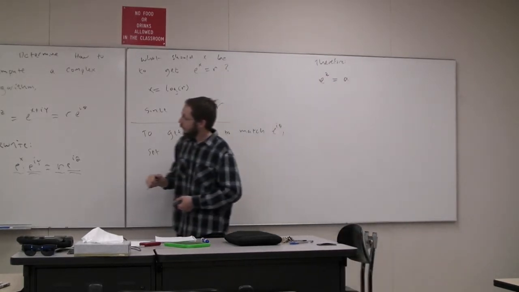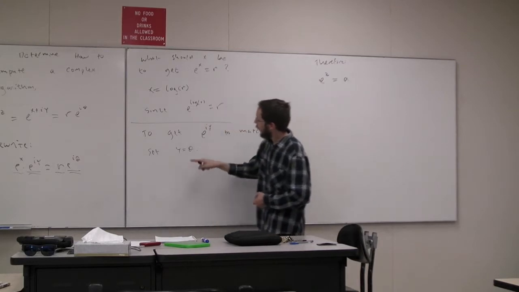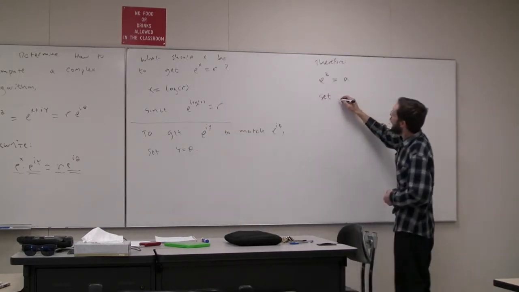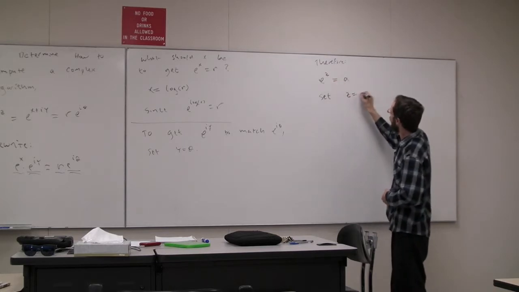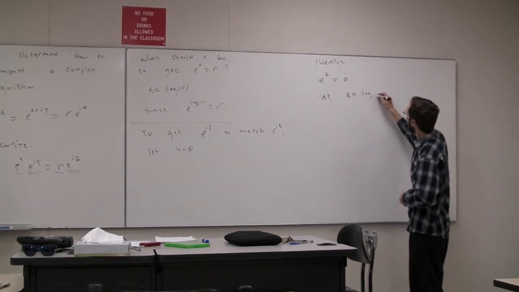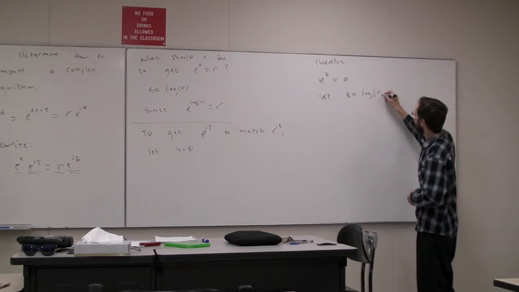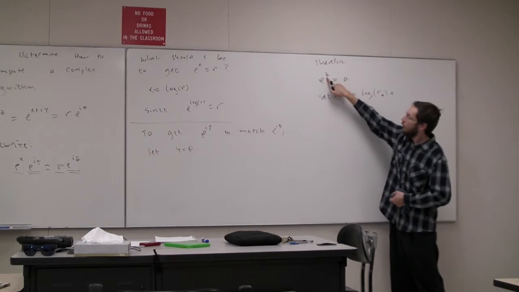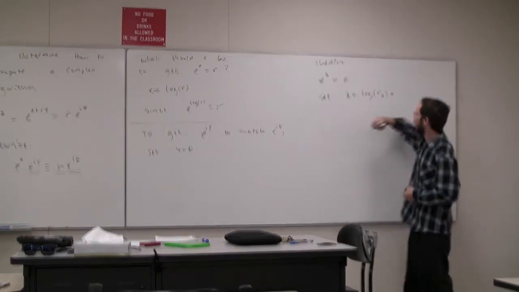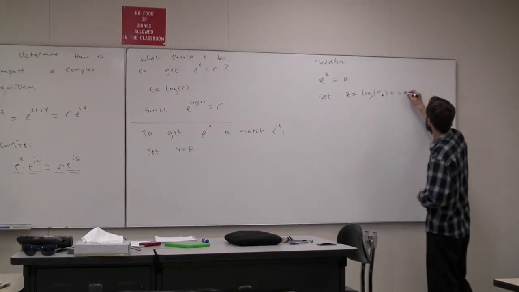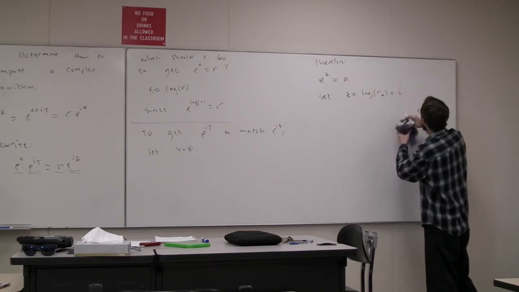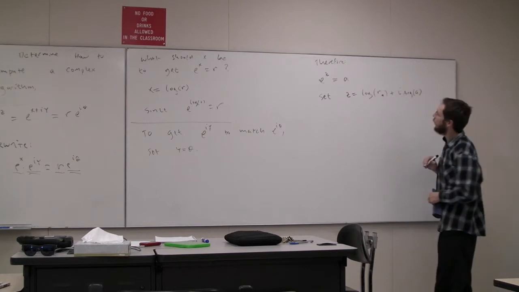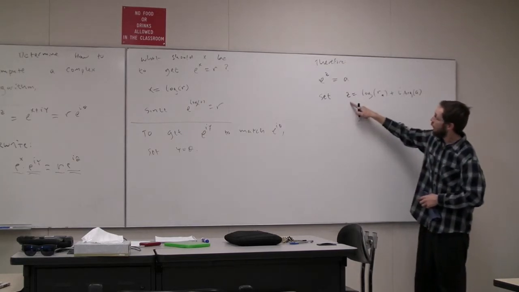What we've done is we said in the solution to this equation, as long as z is equal to the log of the radius for a plus i times the angle for a, then we've done our job.